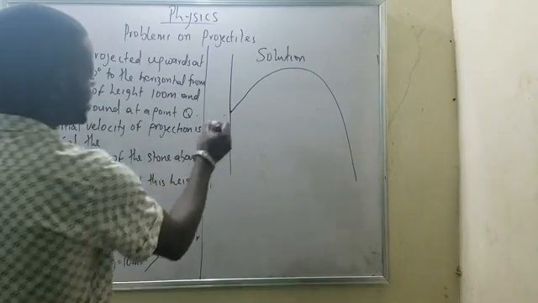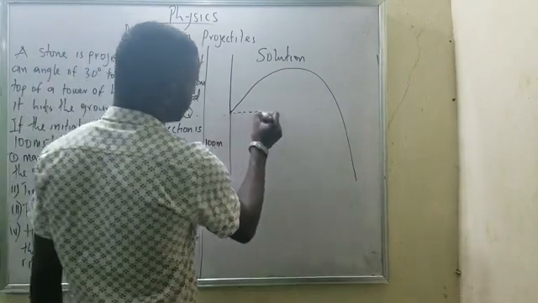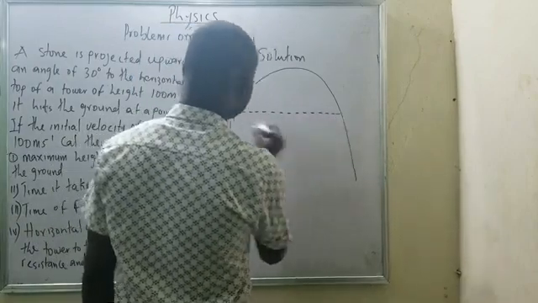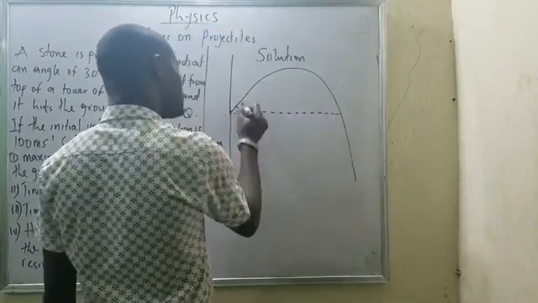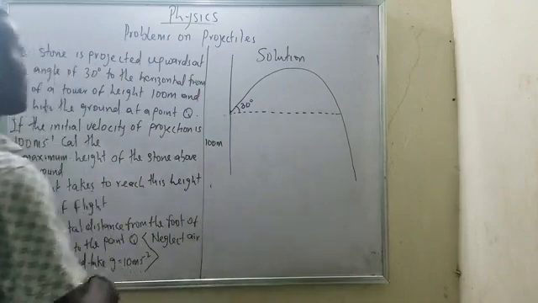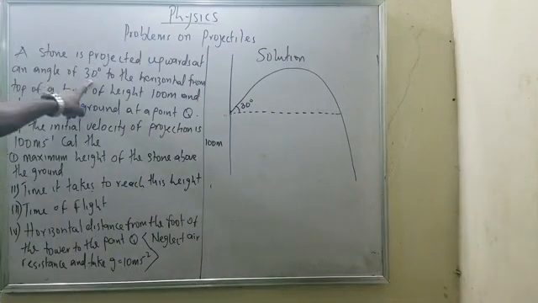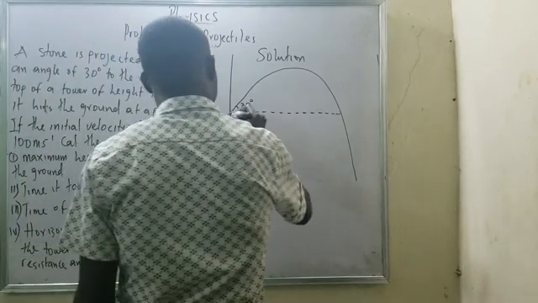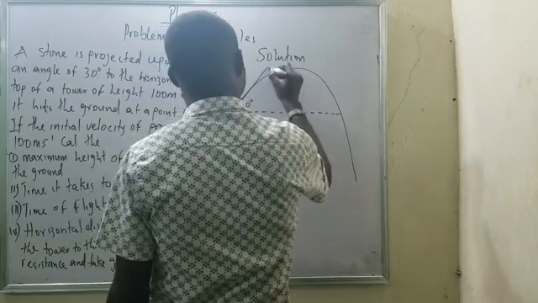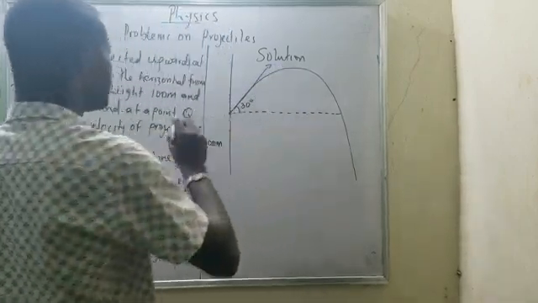At this point, I must know that this gives us an angle of 30 degrees. Now we are talking about velocity, which I explained in our previous video.